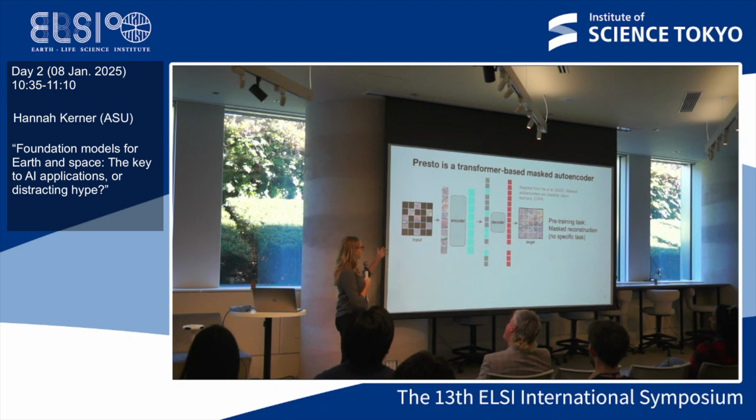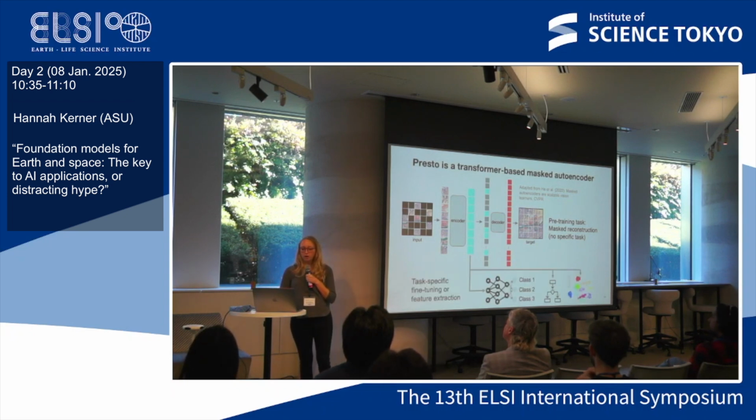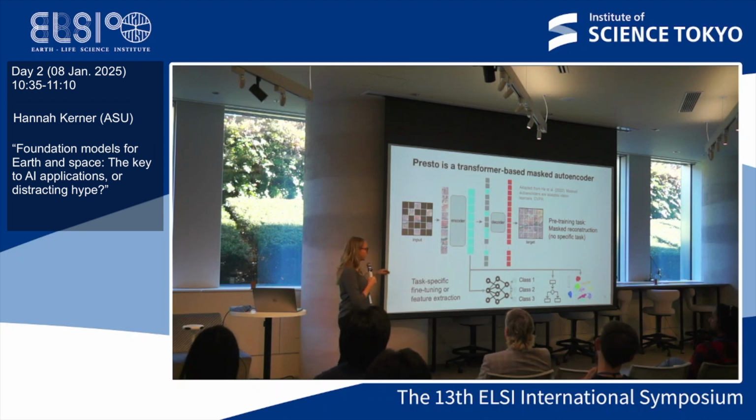So it gets an input example, some observation of the Earth, and we mask out parts of the image or parts of the observation, and the model tries to predict what the missing pieces are. Basically, it encodes that input into a latent space, into some lower dimensional subspace, and then it tries to predict what was missing based on just that low dimensional representation.